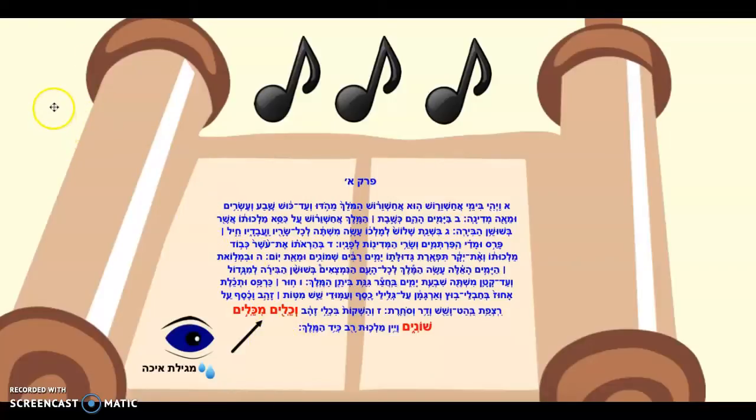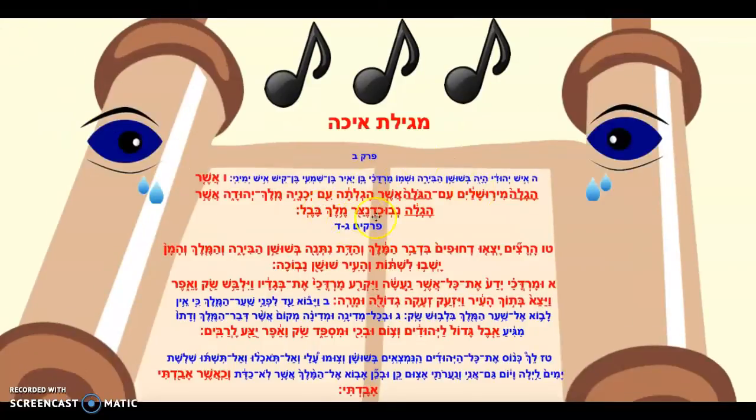Megillat Eicha comes up in the Megillah on a number of other occasions, and here they are. Right after Mordechai is introduced in Perek Bet, it talks about how he was exiled from the land of Israel by Nebuchadnezzar. Asher hogla mirushalayim im hagola asher hogleta im Yechoniah melech Yehuda asher hegla Nebuchadnezzar melech Bavel.